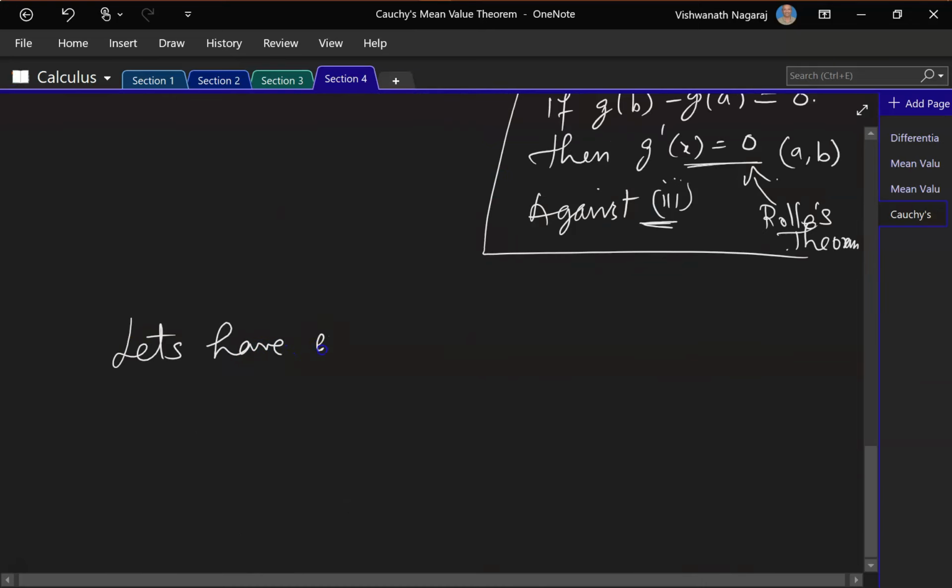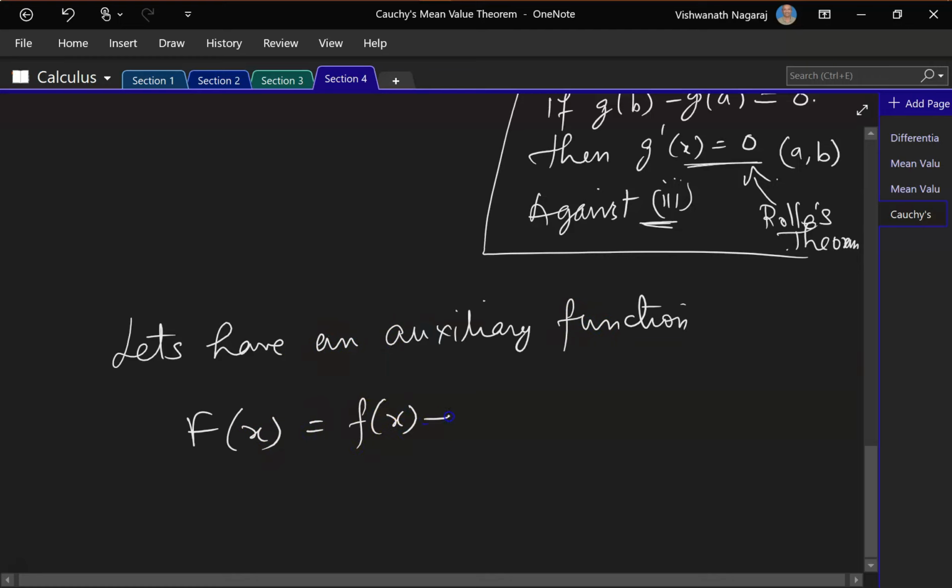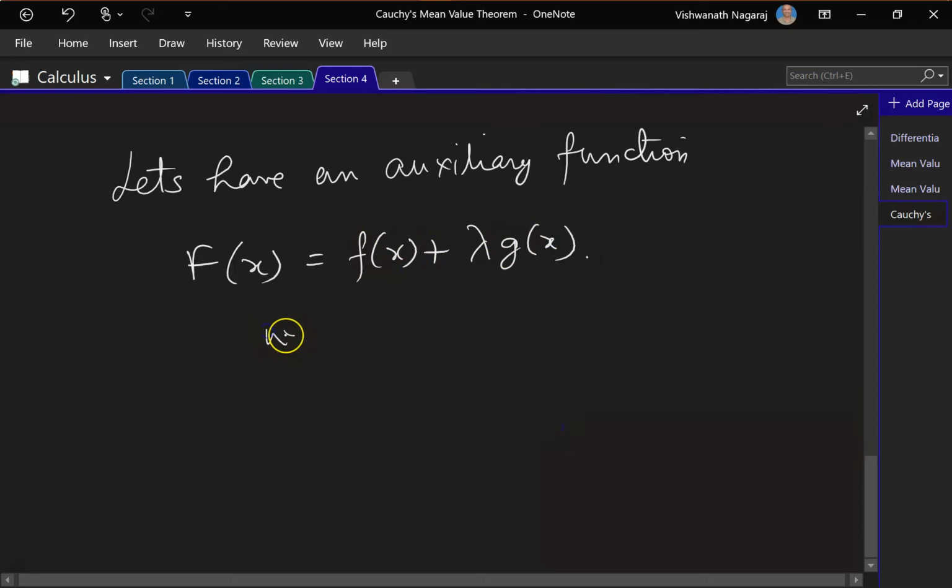Let's have an auxiliary function. Capital F of x is equal to f of x plus lambda g of x. Now here we will choose lambda such that capital F of a is equal to capital F of b.